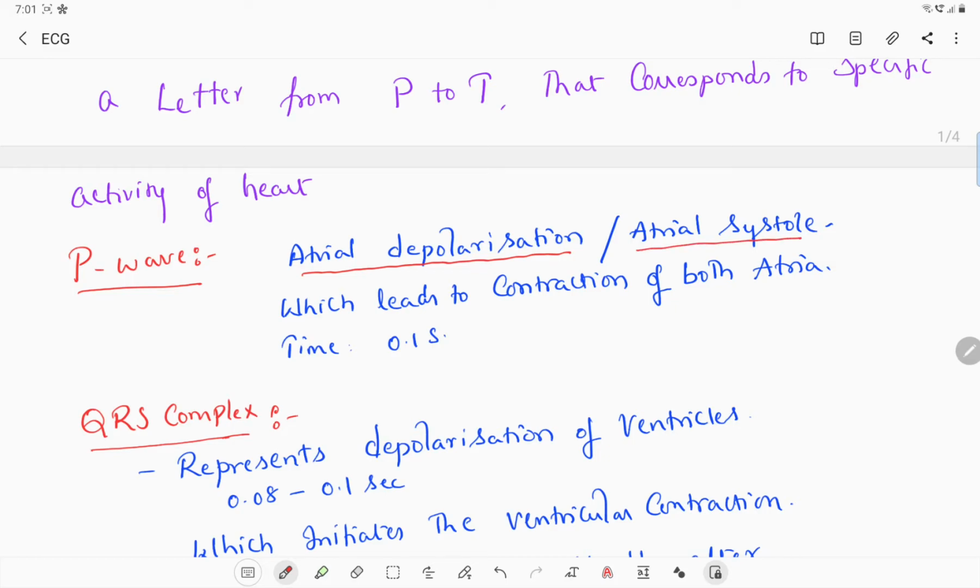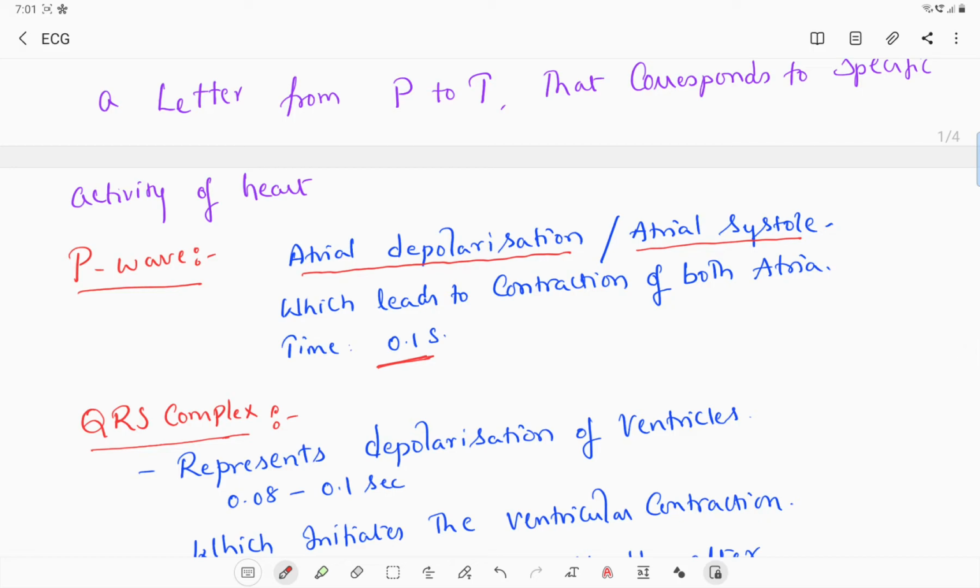This leads to the contraction of both atria. Time taken for P wave is 0.1 second.